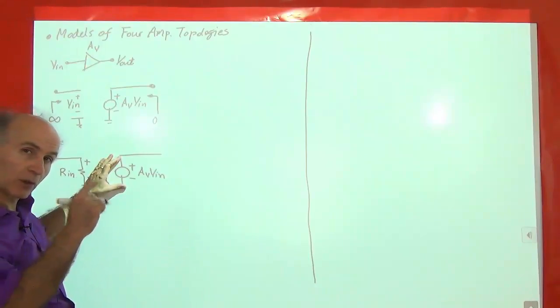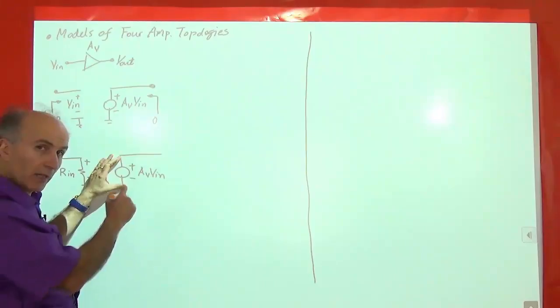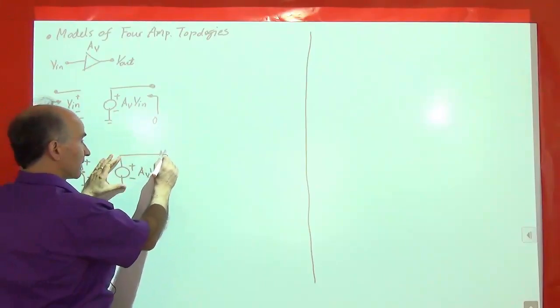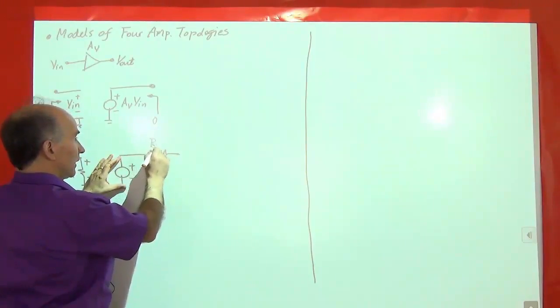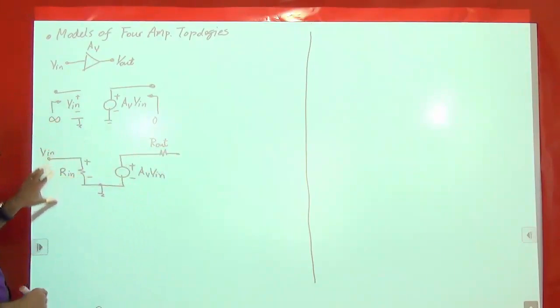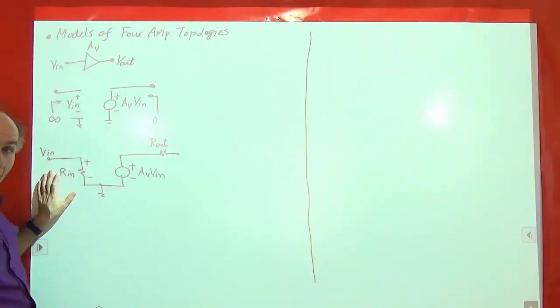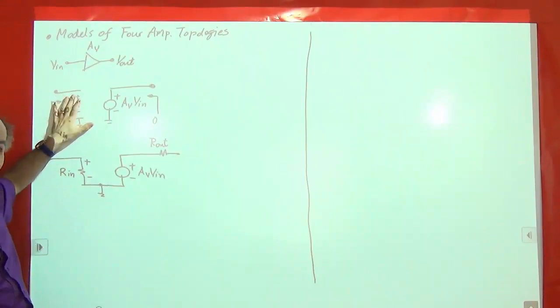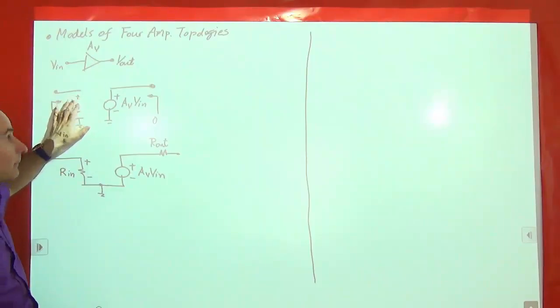Remember what I showed you on the previous slide? We said, well, we have to model it by a resistance here, which we call R out. So this is the model of an actual voltage amplifier, right? This is the model of an ideal voltage amplifier.